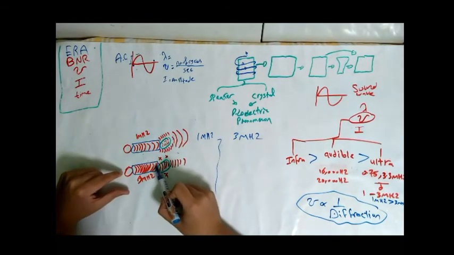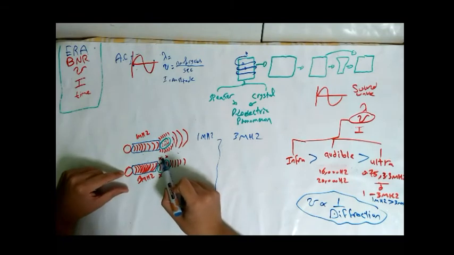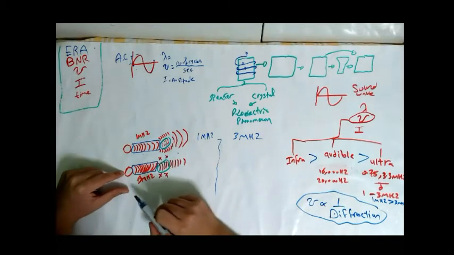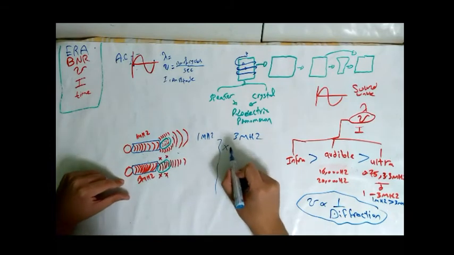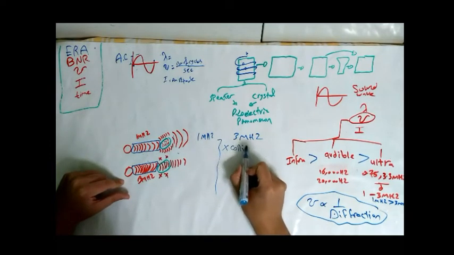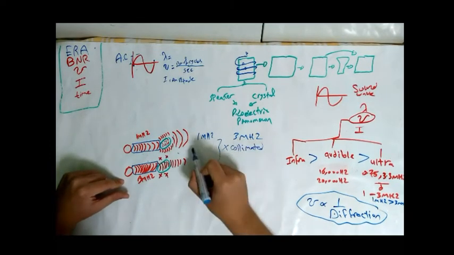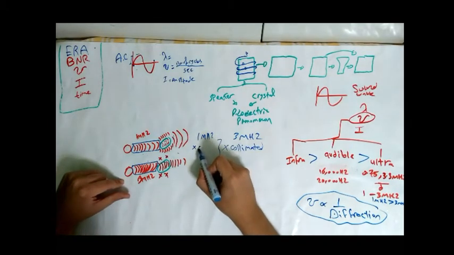While 3 megahertz, due to not having the ability to diverge and move around the obstacles, remained collimated. So 3 megahertz has collimated waves, while 1 megahertz has a divergent wave.